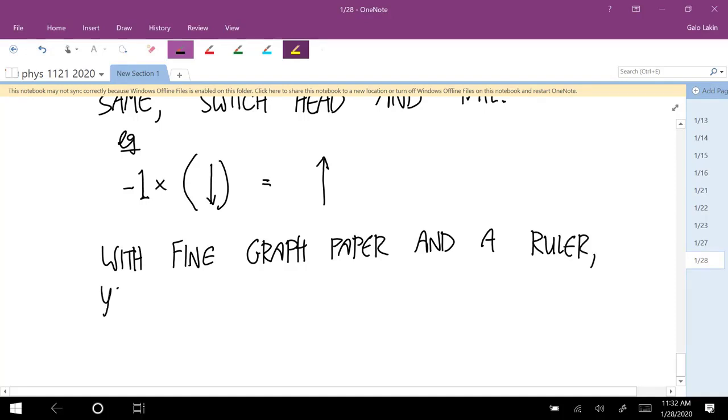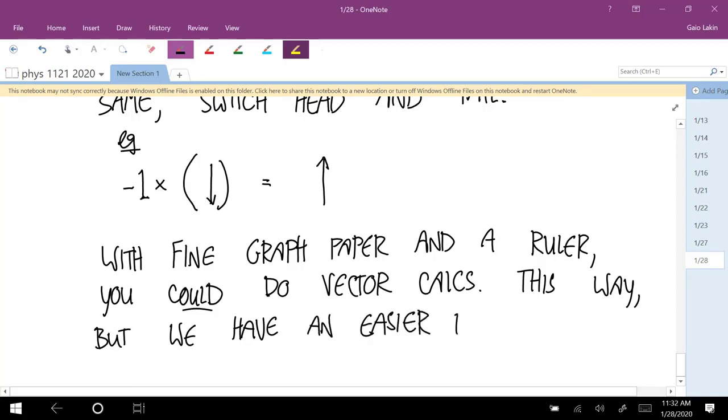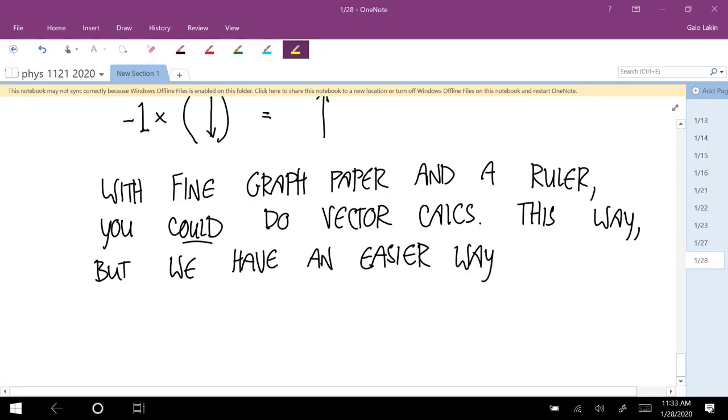You could do all your vector calculations this way. But we're not going to. We have an easier way, using vector components.